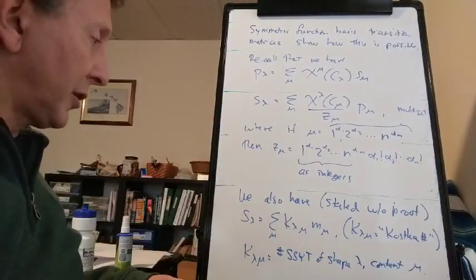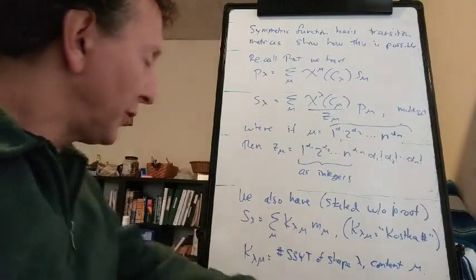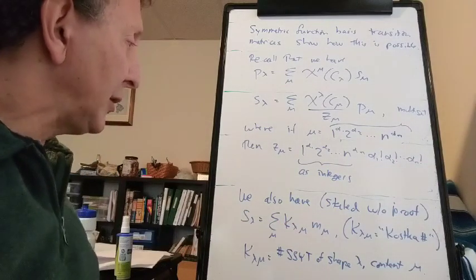Now these numbers occur as a transition matrix between the monomial basis and the Schur basis, but they also appear in transition matrices between other bases too.